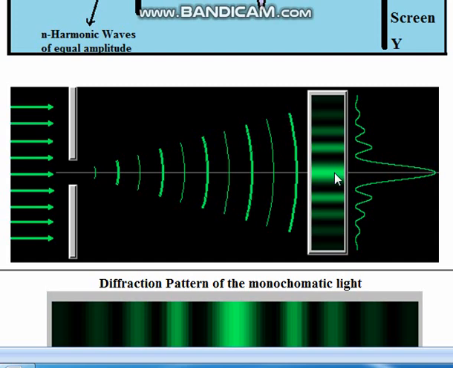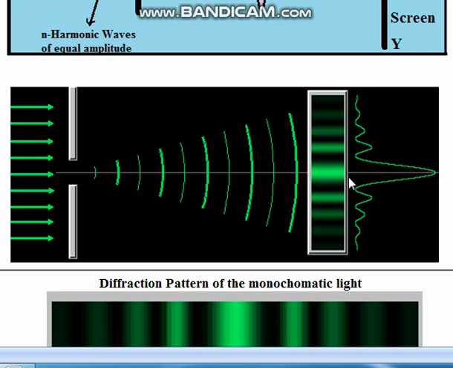The central bright band has the highest intensity, while the intensity reduces as we move far to either side of the central bright band. One more important thing is that the widths of the dark bands and the bright bands are also not equal.